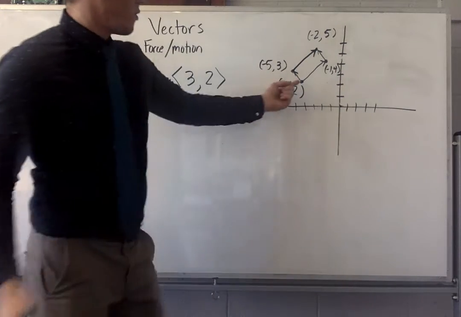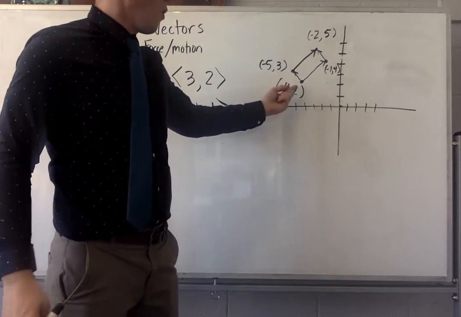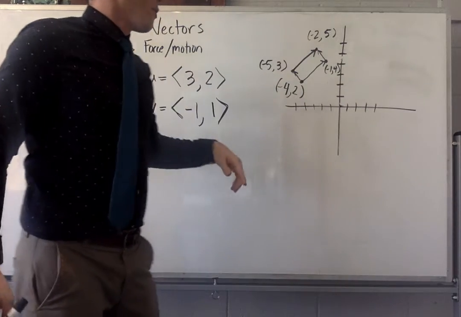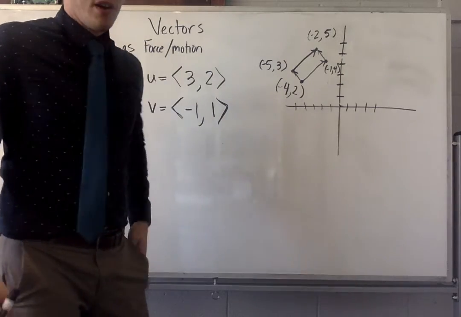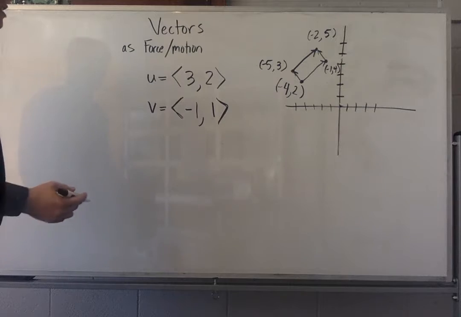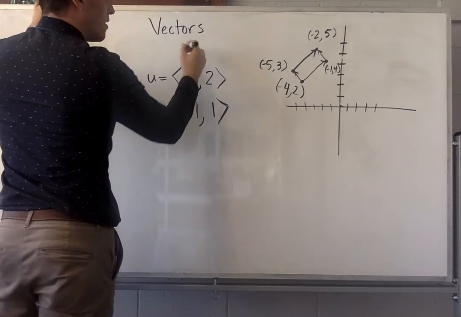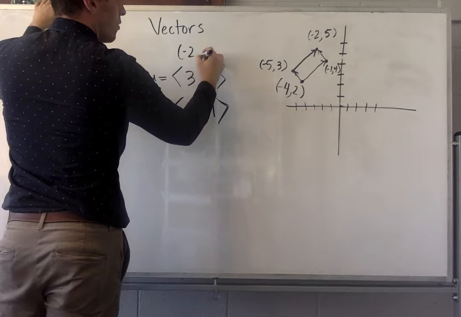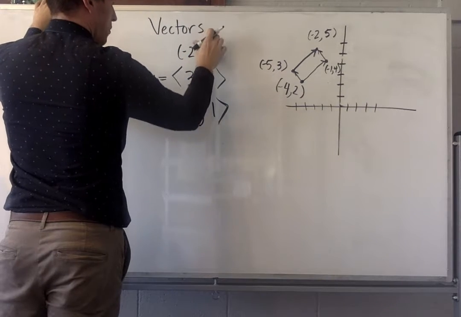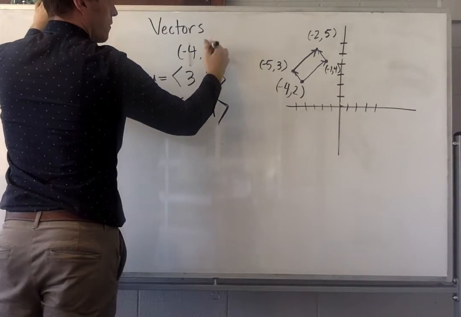So it doesn't matter whether you do the short diagonal arrow first and then the longer arrow second, or the long arrow first and the short arrow second. Either way, I'm going to end up at the same point, -2, 5. This makes sense because if I'm thinking about this in terms of addition, like I mentioned a moment ago, my starting point is -4, 2.